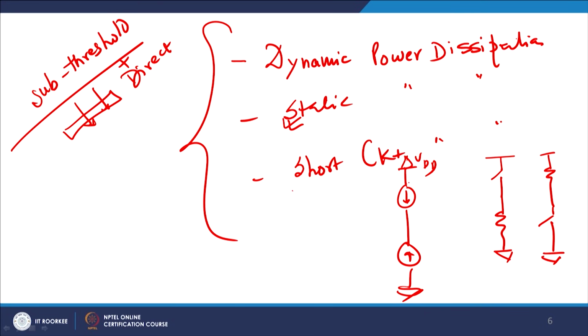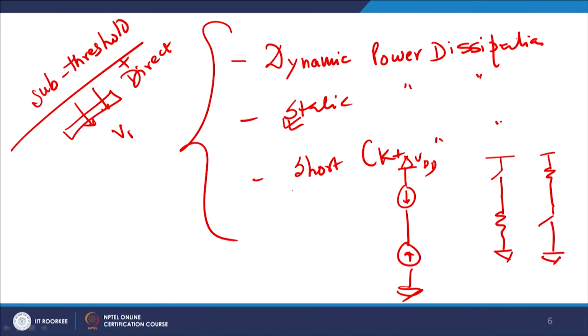Which means exactly at the switching threshold, both the devices NMOS and PMOS are in saturation, and therefore, for a very finite duration of time, your VDD and ground are already in contact. So, there will be a short circuit available here, fine.